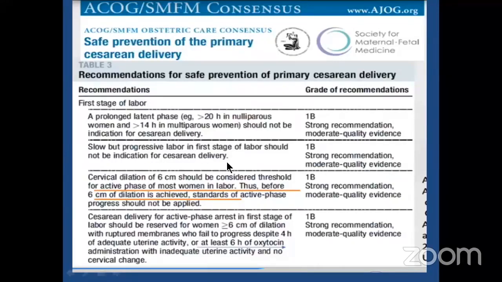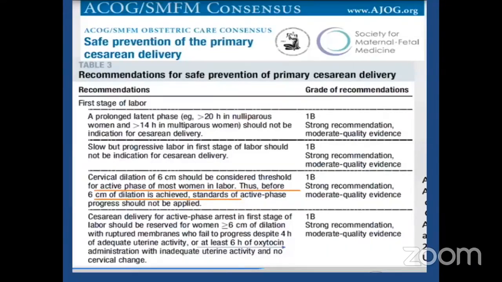Meaning, if the slope of your curve is less than 1 centimeter per hour, please don't make it an indication for cesarean delivery. And the third, they said that the latent phase should be till 6 centimeters dilatation. Don't start plotting your partograph or consider her in active labor unless she is 6 centimeters dilated.